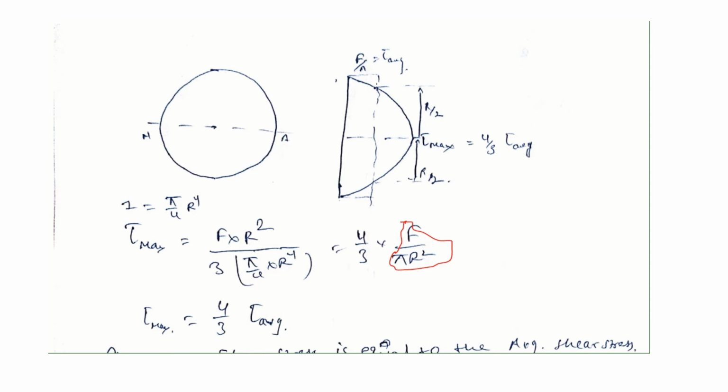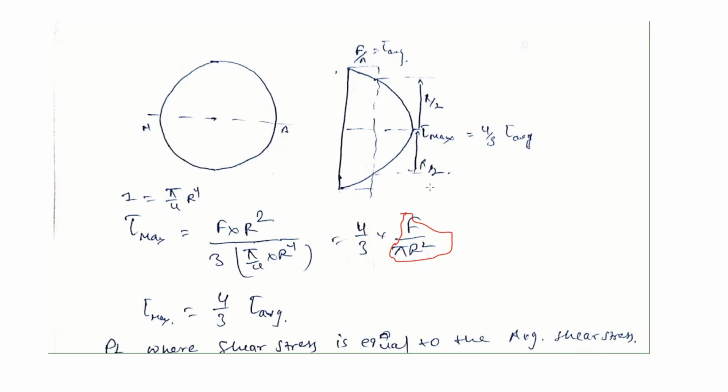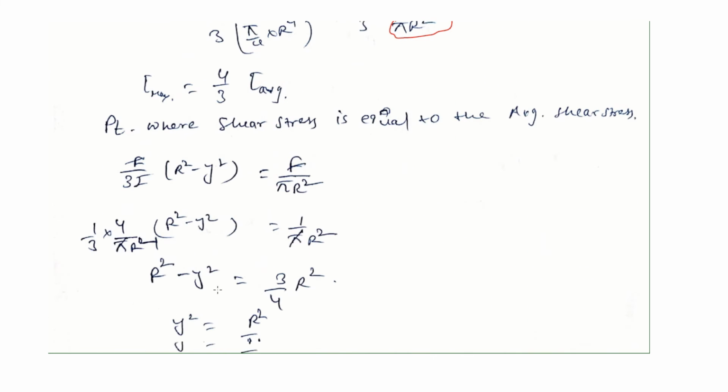The tau average variation is uniform, so it will be the same as tau at some points. We calculate those points by equating the tau equation with the tau average. There is the tau equation, shear stress at any point, and this is tau average.